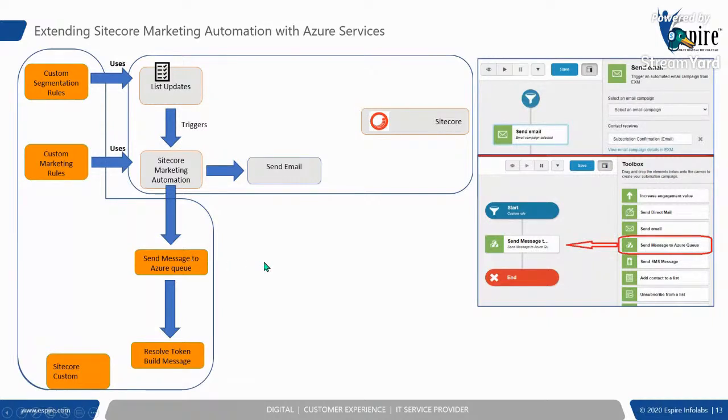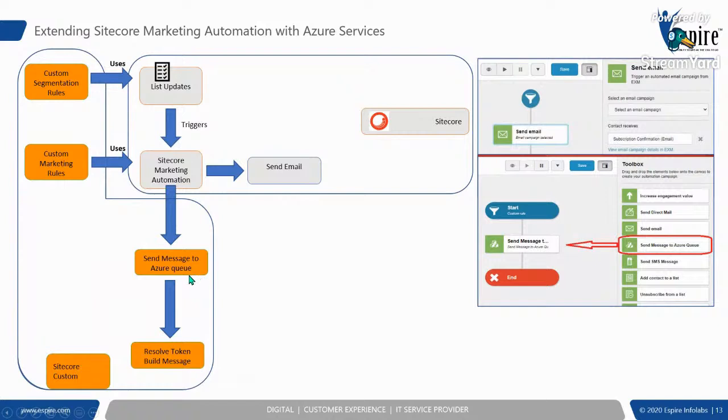Then you can utilize an Azure Logic App, or Azure Functions, or maybe some custom services, any other services that can read your Azure queue and perform those actions. And that's an asynchronous task. You are not hampering the performance of your Sitecore marketing automation, right? You are not hampering any other activity performed by Sitecore. It's a very quick, nanosecond activity just to put the message into the queue, and the rest of the jobs will be done automatically.